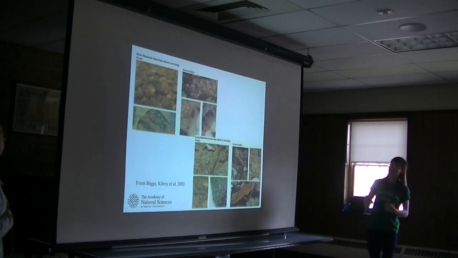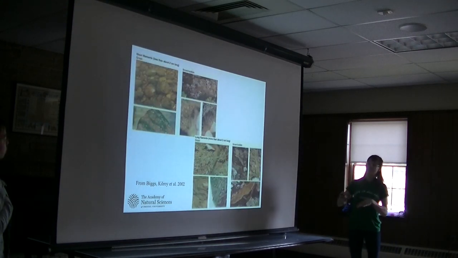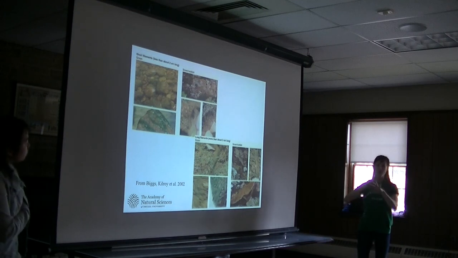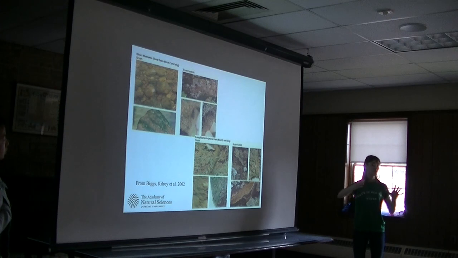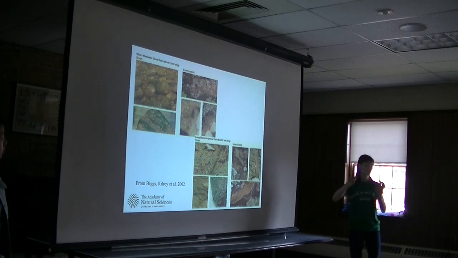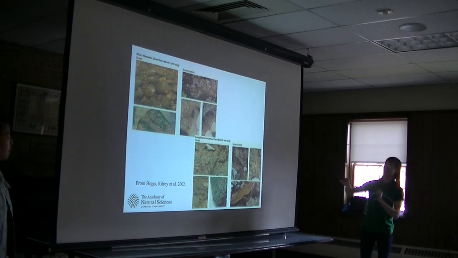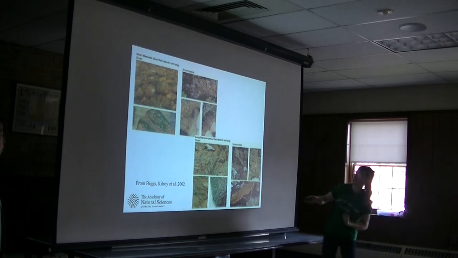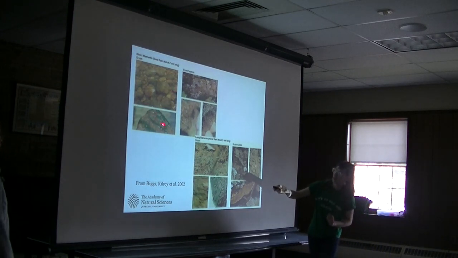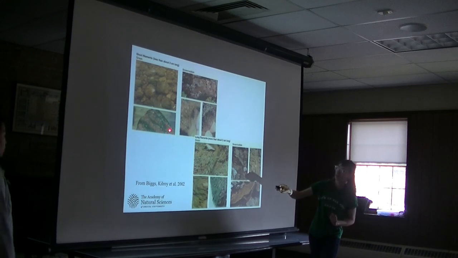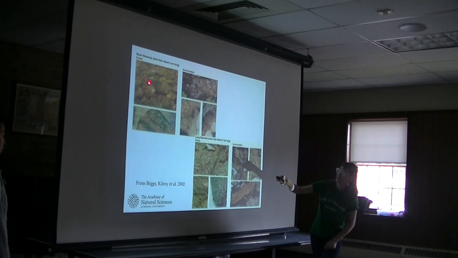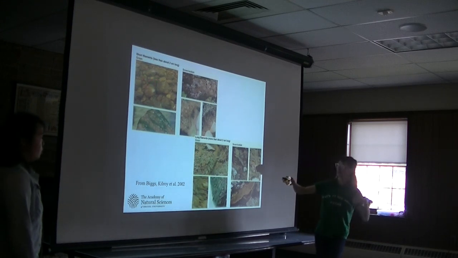So some short filaments. If you're comparing filaments versus mats, a mat would be covering most of or an entire surface of a rock or other types of substrate, but filaments are flowing. So here's some filaments of green algae here, and when they're in the water, you'll see them as sort of like thick strands of hair.